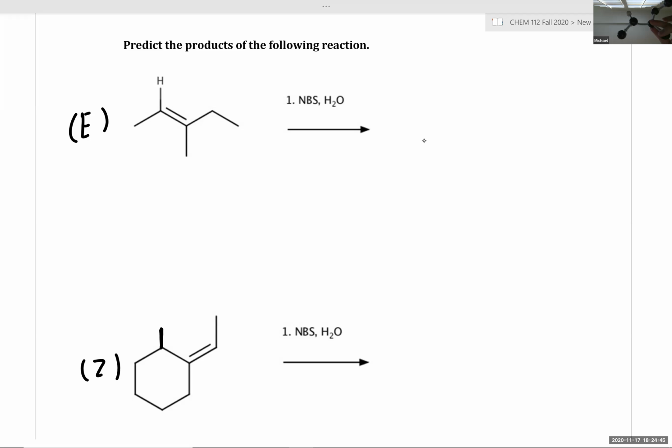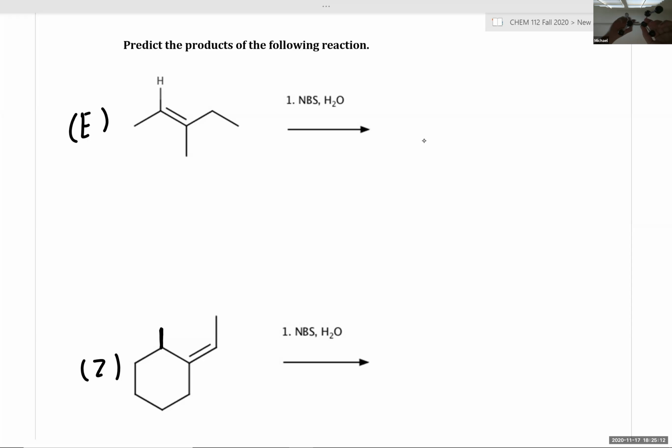Okay, so as we notice, we have our ethyl group and our hydrogen on the same side of the alkene, and we have our two methyls on the bottom. Now, is there any preference for what face our bromonium attacks from, be it the top or the bottom face? Is there any preference? Does it matter?